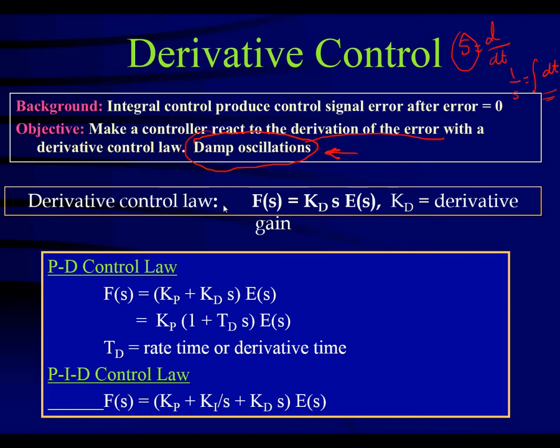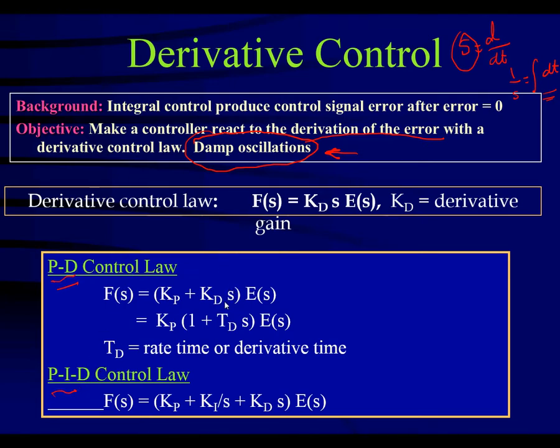So you see, it's not arbitrary, or that in every situation you have to have all these three. That's not the case. But what is the case is that you could have a combination of this. For example, this is PD control. This is PID control.